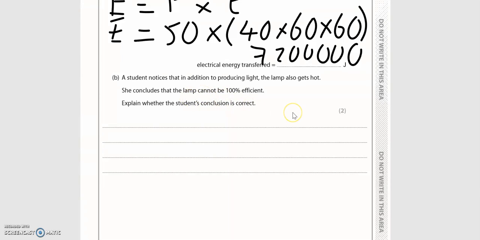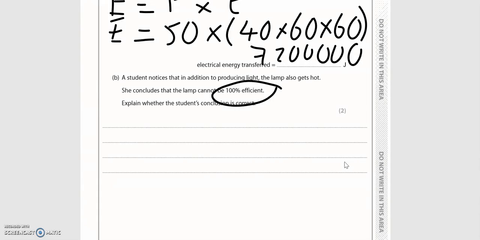A student notices that in addition to producing light, the lamp also gets hot. She concludes that it can't be 100% efficient. Explain whether that's correct. So it is you knowing the meaning of the word efficient. Something that is 100% efficient means that all of the energy input is turning into a useful energy output. Now for a lamp, the useful energy, the energy that you want, is light.